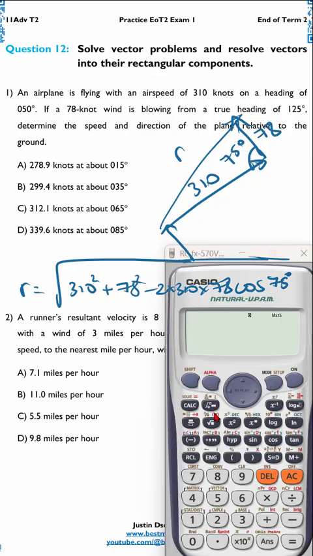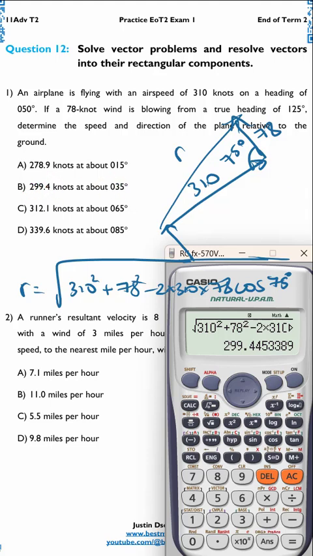Just put it in the calculator. Here we have square root of 310 squared plus 78 squared minus 2 times 310 times 78 times cosine 75 degrees. Close the bracket. And here we go. It's 299.44.